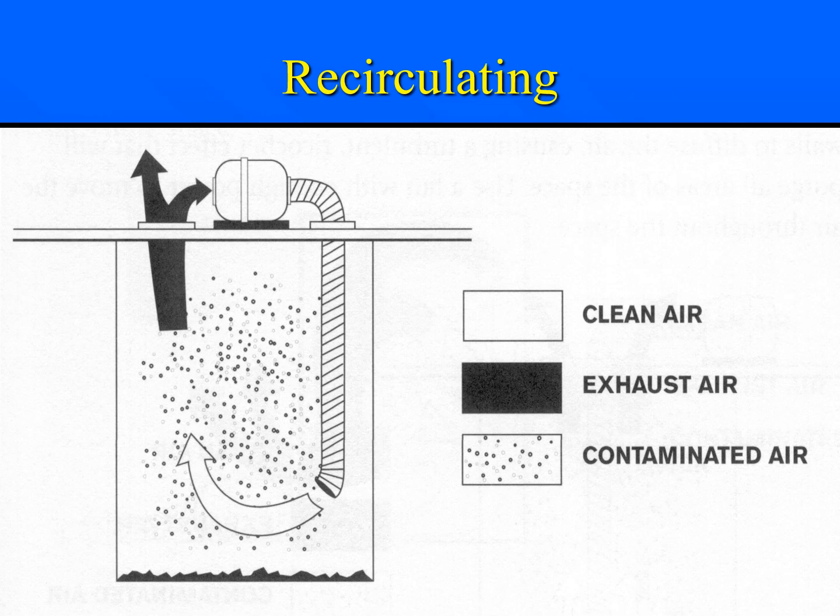This type of ventilation is called recirculating, although it's not recommended, but you can see where we have the exhaust fan on top of the confined space with a tube that goes down almost to the bottom, and it uses the recirculating air. The bad part about this type of ventilation is that you can reintroduce the contaminated air.